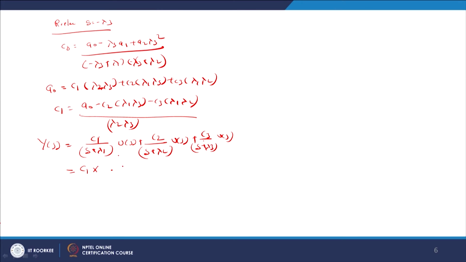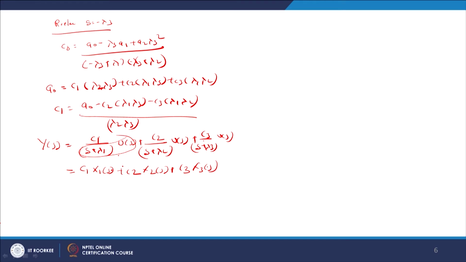You can just see this equation. What we have done is that it has been multiplied by the common denominator, so finally we got this. What we can do here is write U(s) over (s plus lambda 1) as X1(s), that is, we can write c1 into X1(s), plus c2 into X2(s), plus c3 into X3(s).